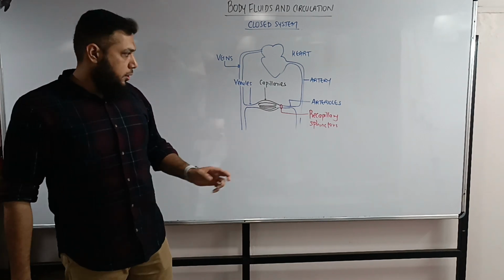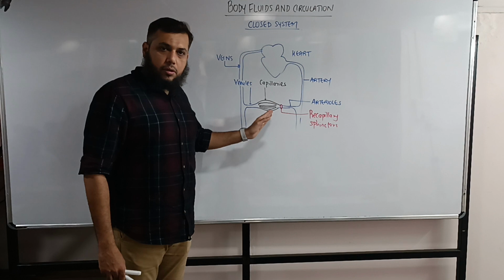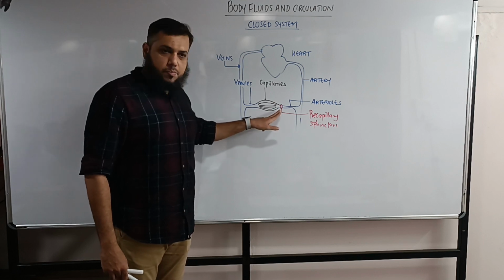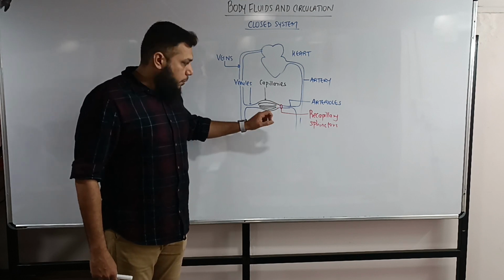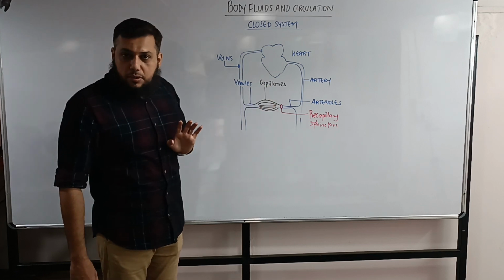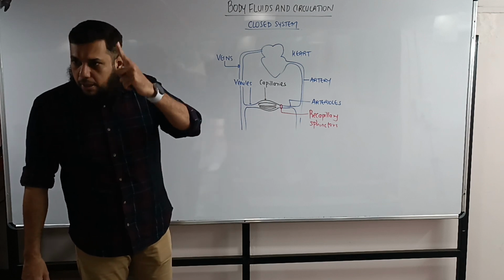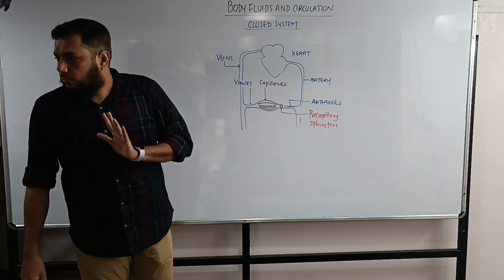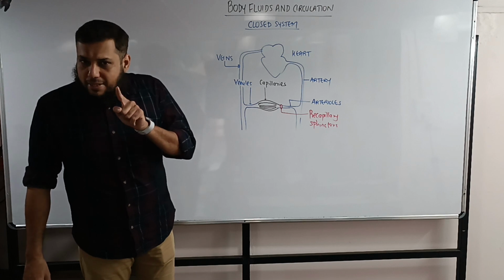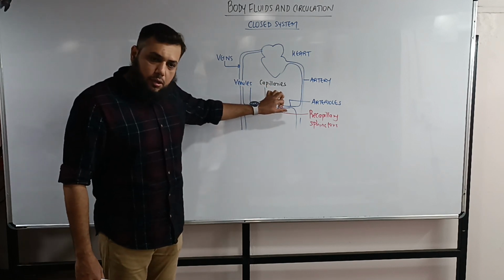So if you want more blood to enter into the organ, then the precapillary sphincter will be contracted or will it be relaxed? Relax. Who will do it? The brain and the hormones. If you want less amount of blood to enter into an organ, the precapillary sphincters will contract.